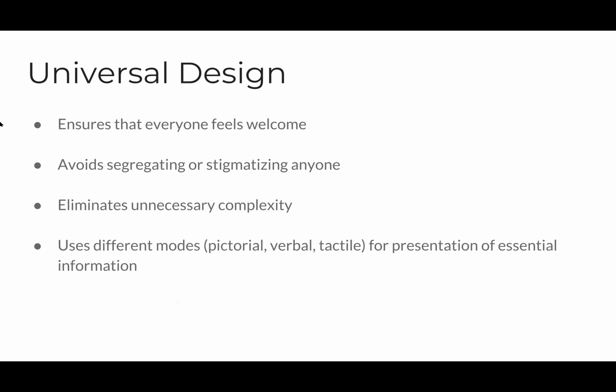Universal design was founded on 7 main principles, which were developed in 1997 by a working group of architects, actually, and product designers and engineers, and they were led by this man named Ronald Mace, who worked at North Carolina State University. And rather than designing for the average user, universal design says that we should design for people from a broad range of characteristics, such as native language, gender, racial and ethnic background, age, ability level, learning style.